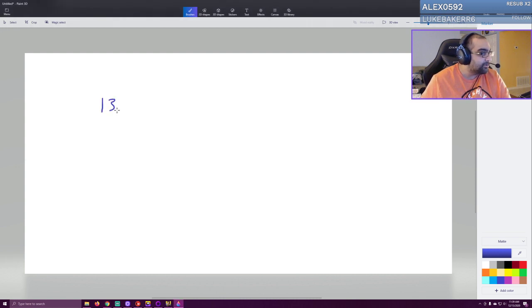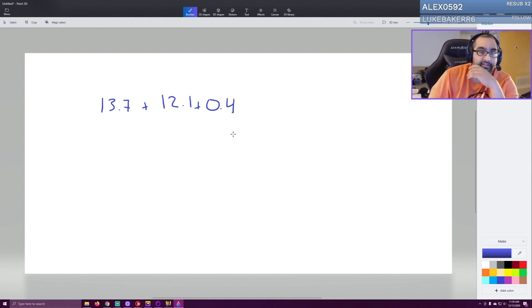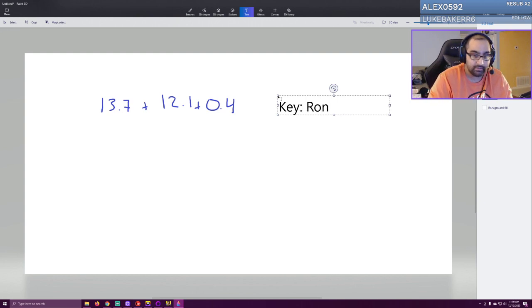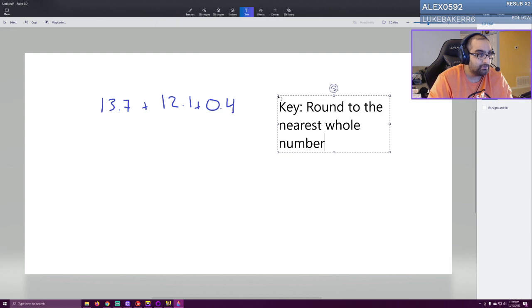Let's say, for example, we had 13.7 plus 12.1 plus 0.4, and I asked you, can you estimate these together and get a final answer? Okay, Samantha. With 13.7, you would always want to round to the nearest whole number. That's essentially what you're doing here. So the key is: round to the nearest whole number.